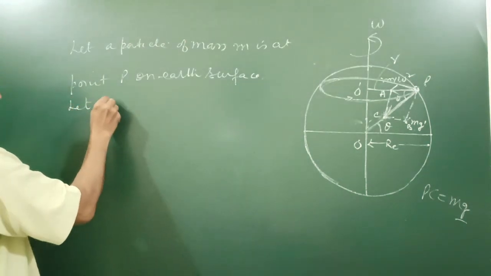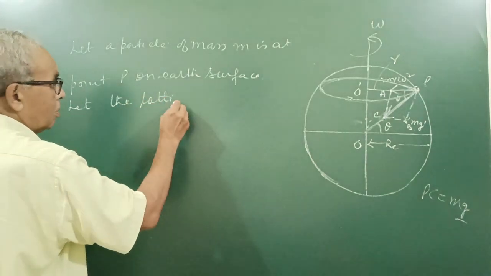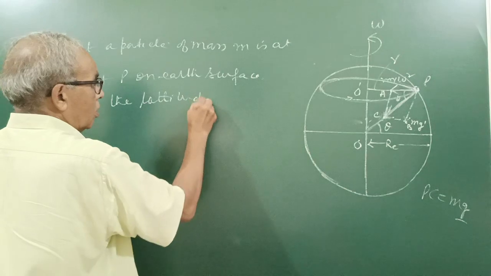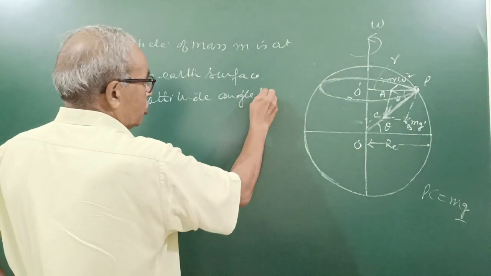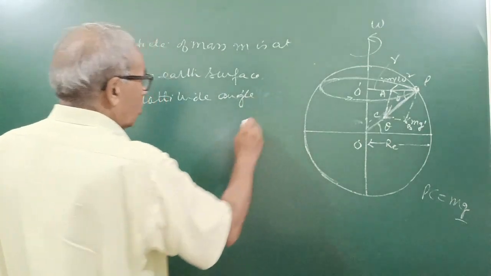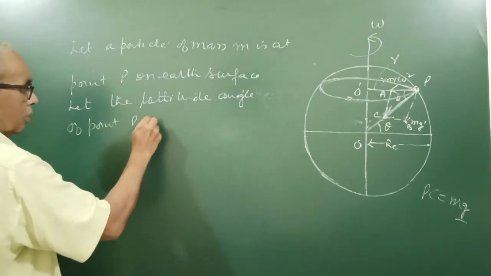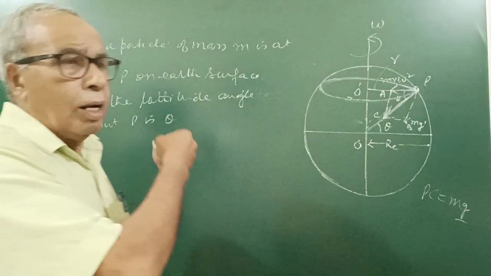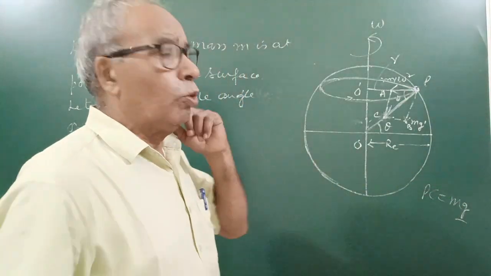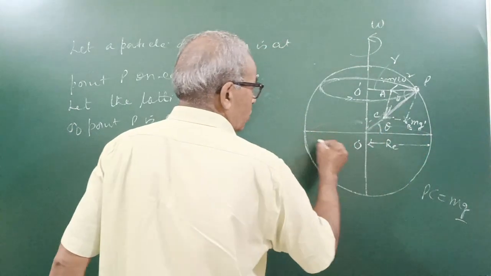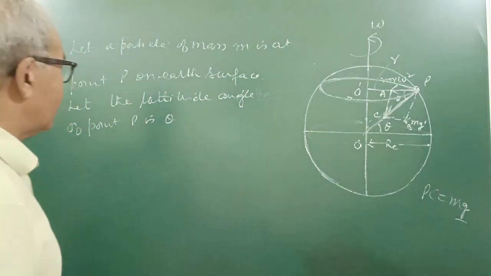Also let the latitude angle of point P be theta. You know, latitude lines, circles parallel to the equator, are called latitudes. So this is the equatorial latitude and this is the latitude of this place. If we join the two, we get this angle theta.